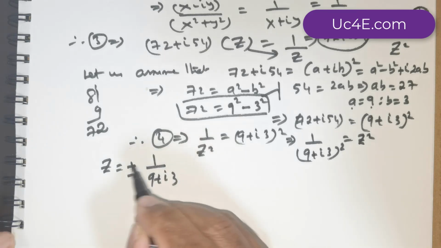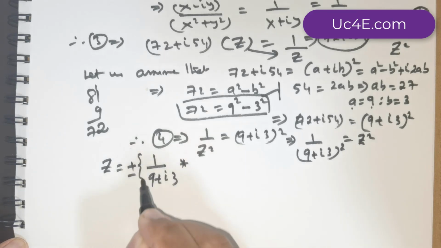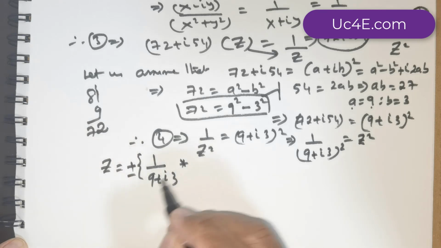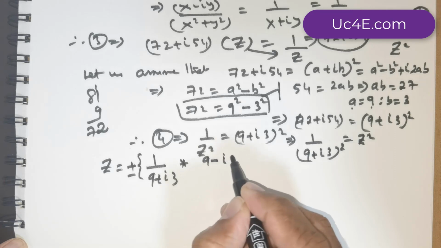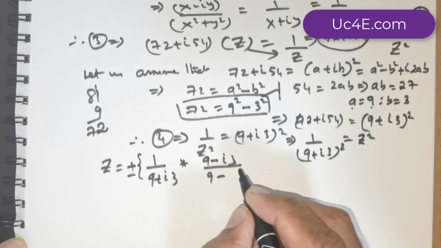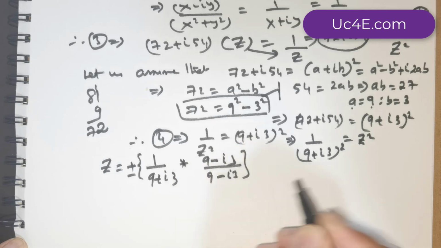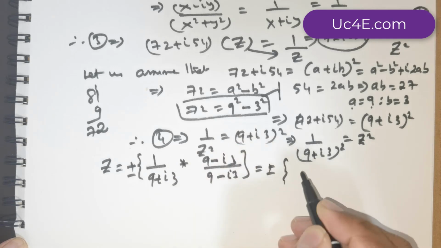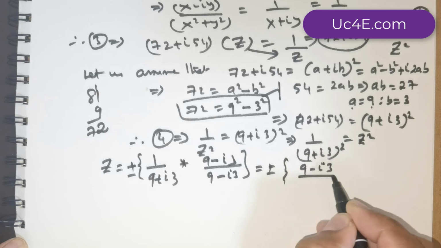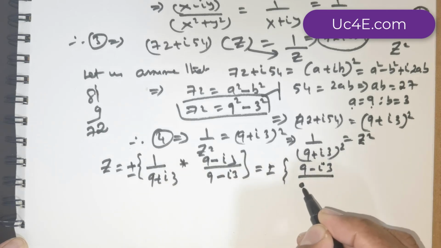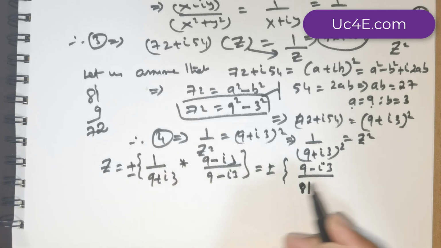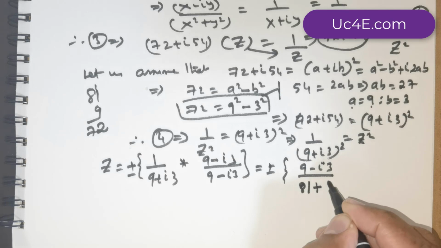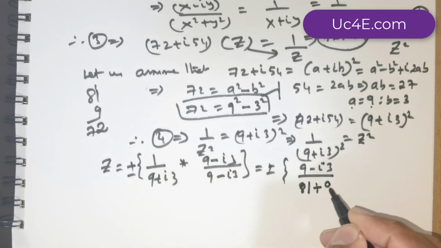So I am going to rationalize this. Don't worry about this plus or minus, let it be as it is. We can rationalize the term inside. So this is multiplied with (9 minus i times 3) divided by (9 minus i times 3). So this is going to be plus or minus (9 minus i times 3) divided by 9 squared, which is 81, plus, since i squared is negative 1, that's going to be positive 3 times 3, 3 squared is 9.